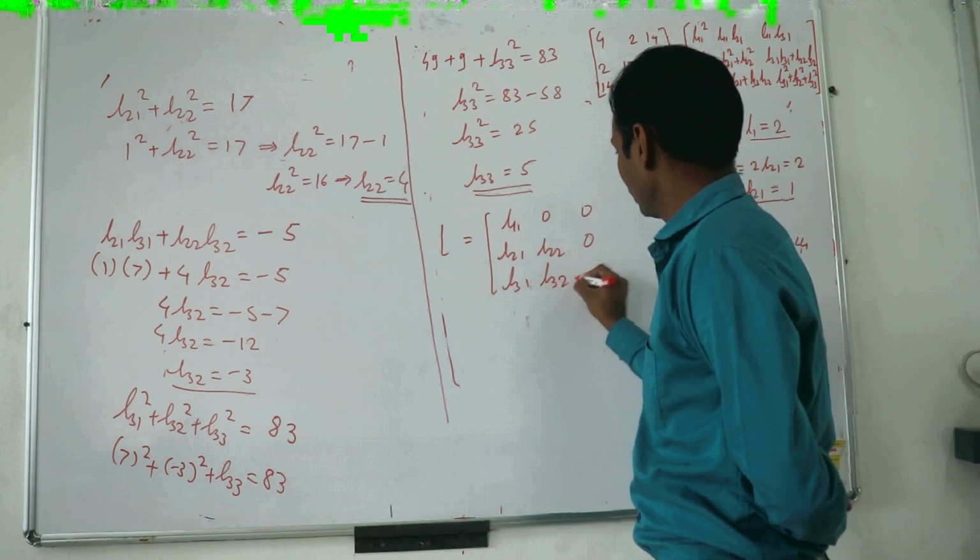Put in the value of z and y, that is 2x plus y, that is minus 6, 7 into z, that is 7 into 1 is equal to 7, that is minus 6 plus 7 becomes 1. So 2x plus 1 is equal to 7, that is 2x is equal to 7 minus 1 becomes 6, that is x is equal to 3.